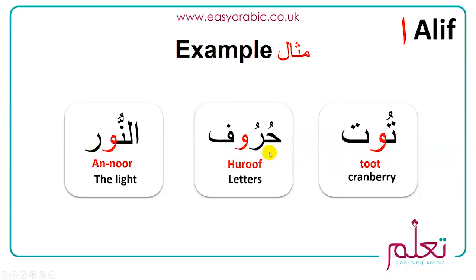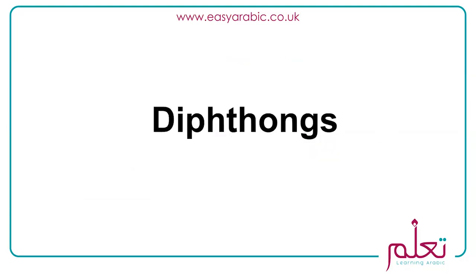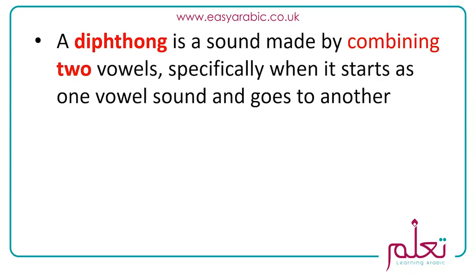Okay, so we've looked at the fatha, the Damma, the kasra, sukoon, and then the long vowels of the alif, waw, and ya. What I'm going to show you now is diphthongs. A diphthong is a sound made by combining two vowels, starting with one vowel and then going into another.